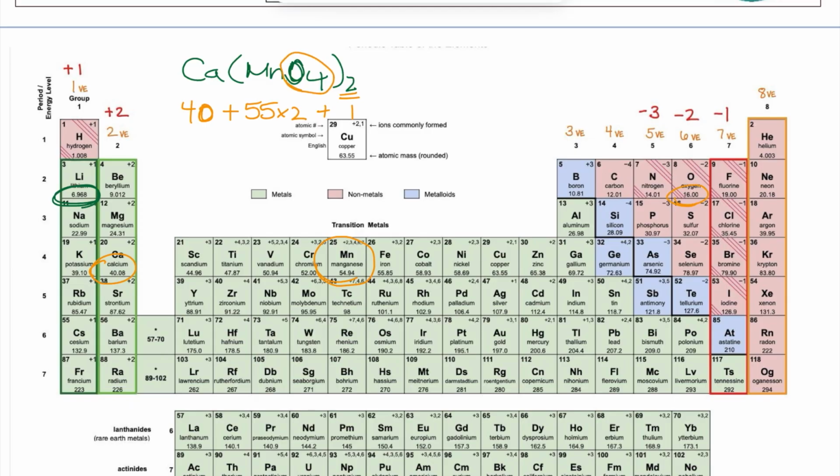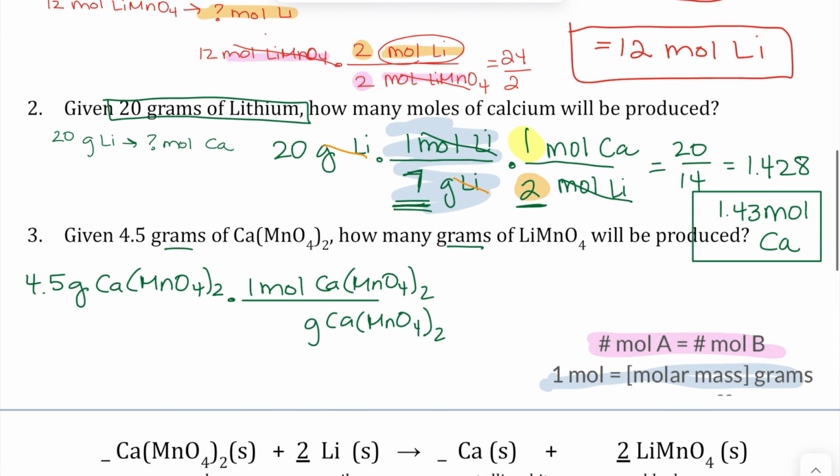Oxygen is 16, times, I've got 4 times 2, so times 8. And I'm going to find that molar mass. And I got 278 grams equals 1 mole for that. So that 278 is going to go here into that denominator.